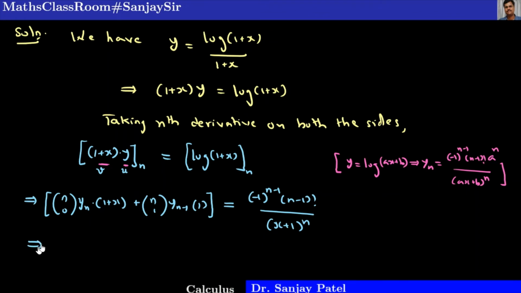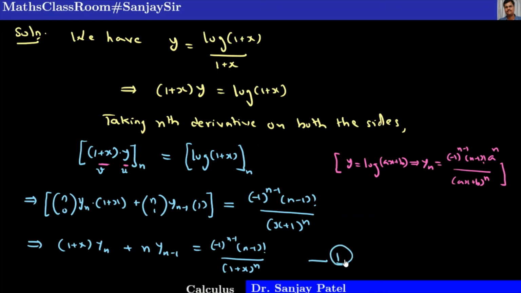Simplifying this, nC0 is 1, so I will get (1 plus x) into yn, nC1 is n into y(n minus 1), equal to this thing, minus 1 raised to n minus 1 factorial upon (1 plus x) raised to n.